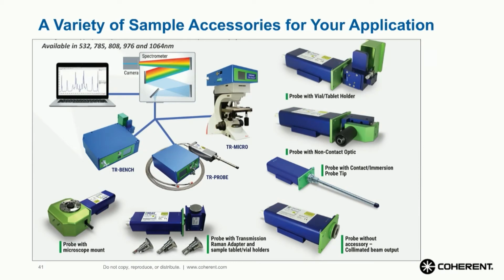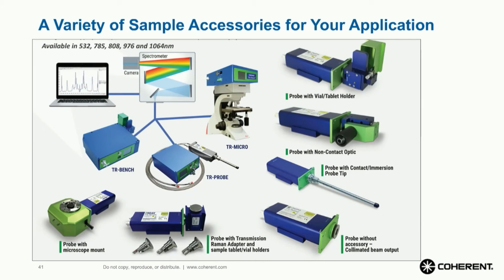And then on the bottom left side, we have an accessory to mount the probe to a microscope as well, adding even more versatility to the probe system so that you can easily connect all the various different sample interfaces, put it into the reaction environment for processing, and then still connect it to a microscope and do micro-Raman analysis.